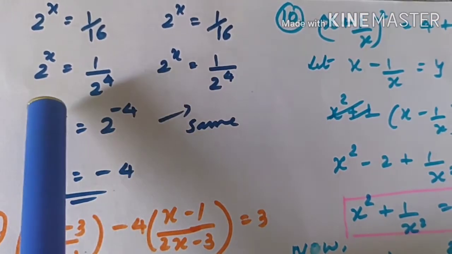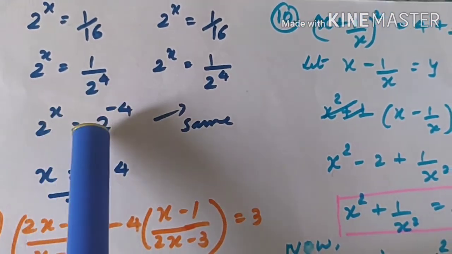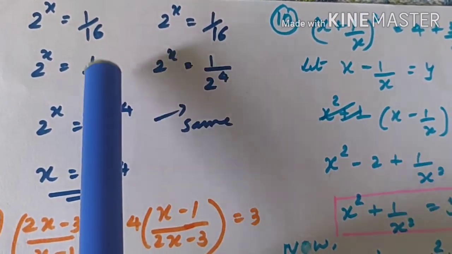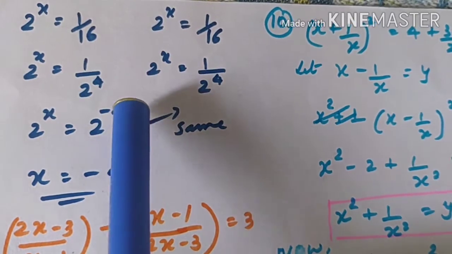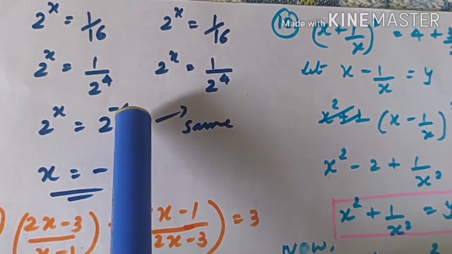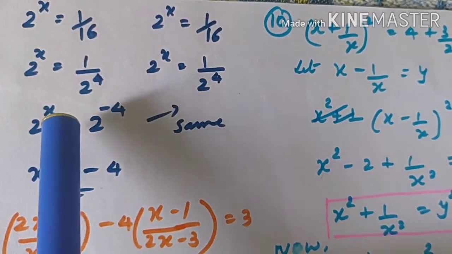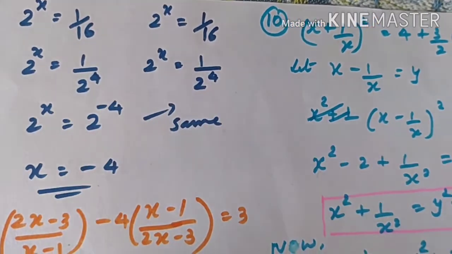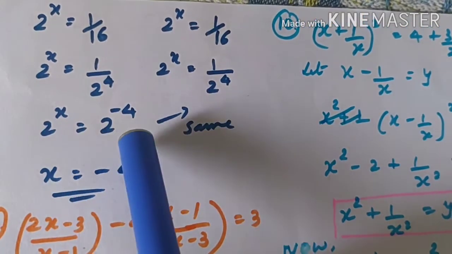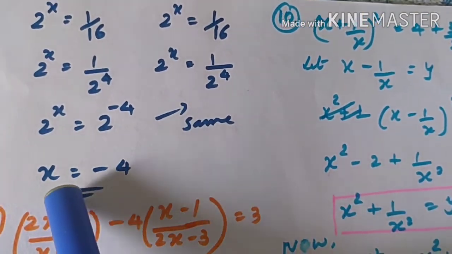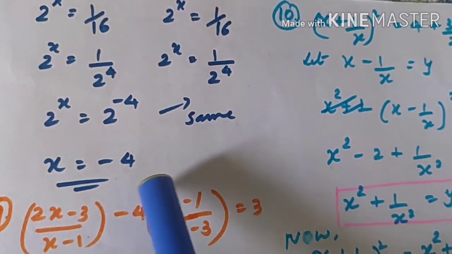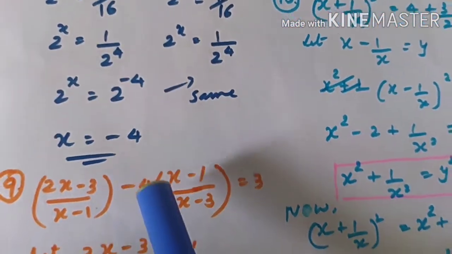Placing it here and then taking the reciprocal, which means we want it in the numerator, we write the power as minus 4. So 2 raised to x is equal to 2 raised to minus 4. Now, comparing powers, as the bases are the same, we compare the powers: x is equal to minus 4. Here also the same. So I get 2 roots, minus 4 and minus 4.